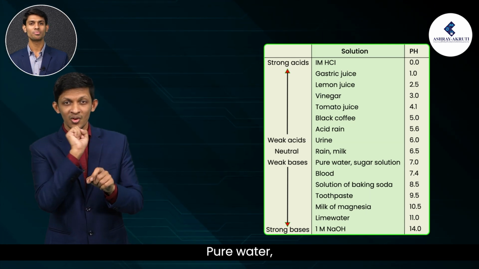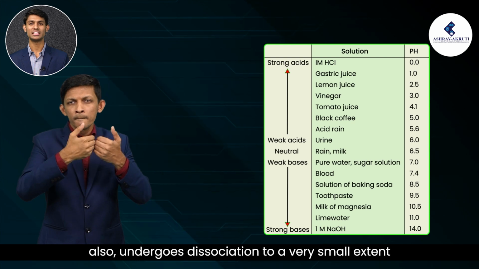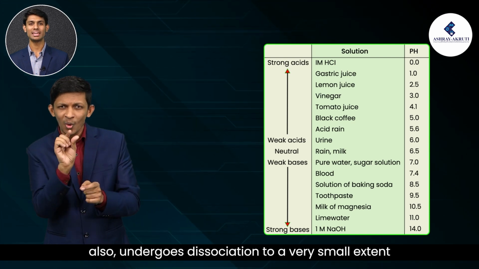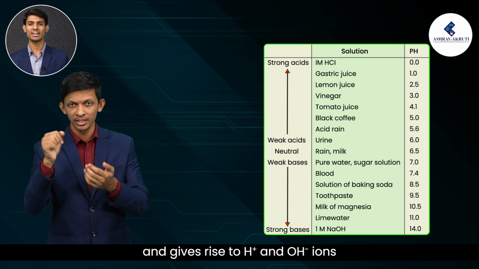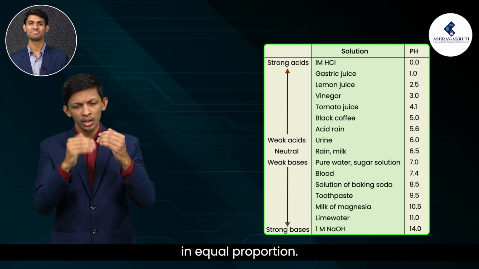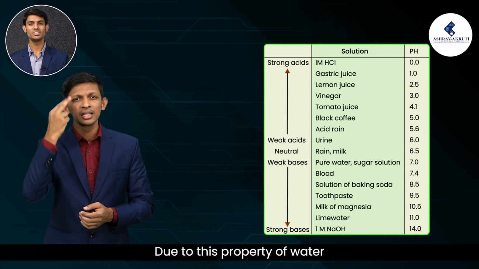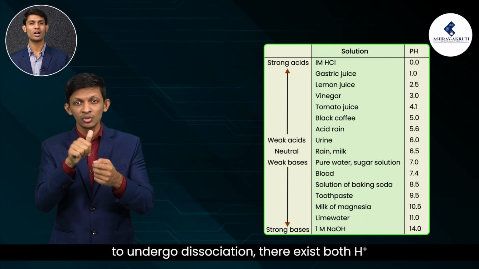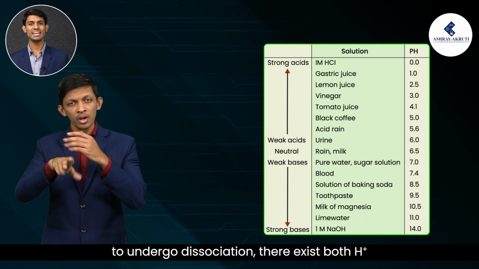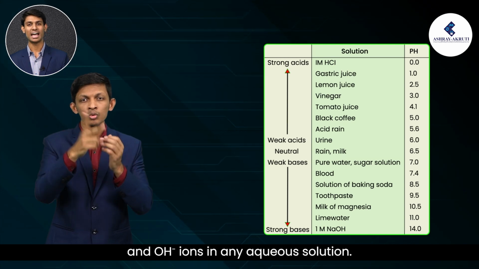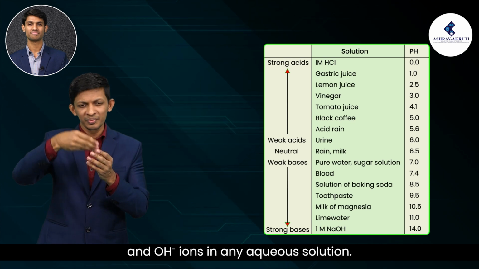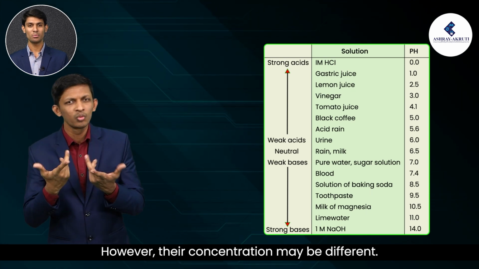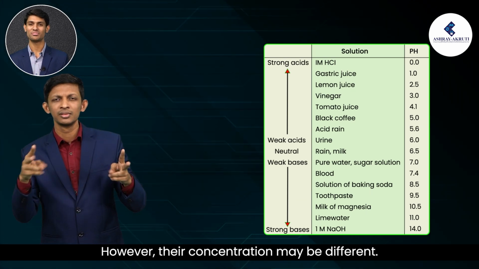Pure water also undergoes dissociation to a very small extent and gives rise to H plus and OH minus ions in equal proportion. Due to this property of water to undergo dissociation, there exists both H plus and OH minus ions in any aqueous solution. However, their concentration may be different.